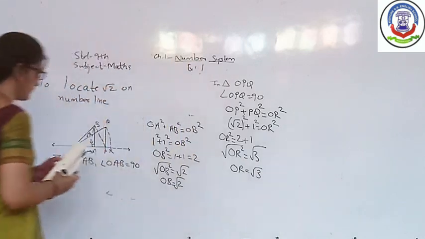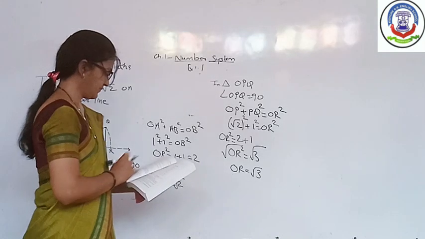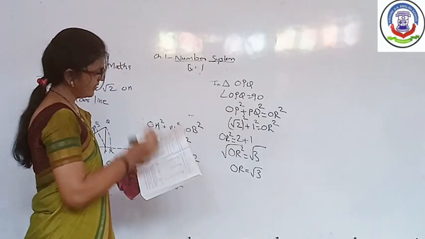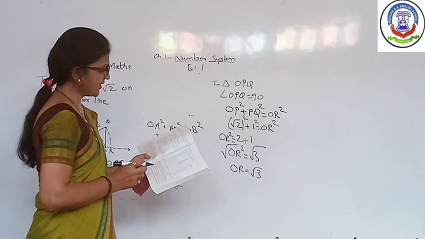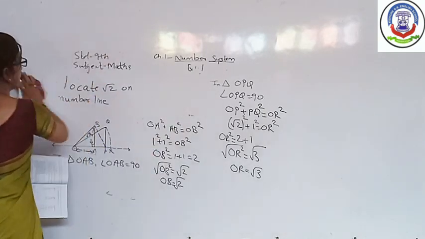Now we will discuss the examples which are given in the exercise. First example is exercise 1.2. Question number 1. State whether the following statements are true or false. Every irrational number is a real number.